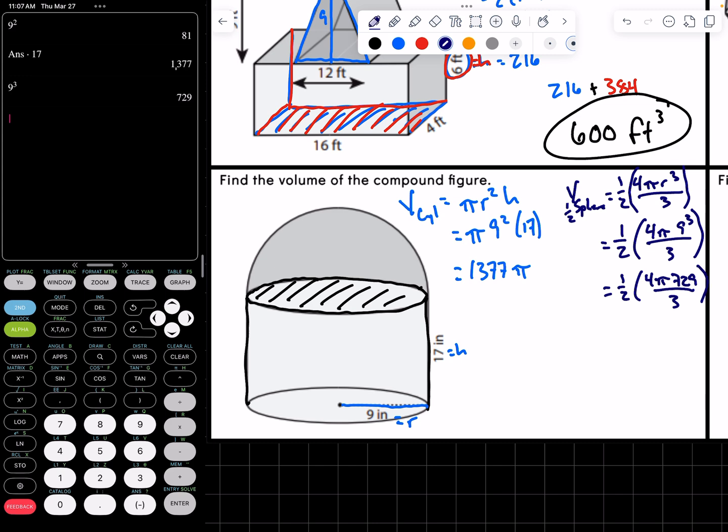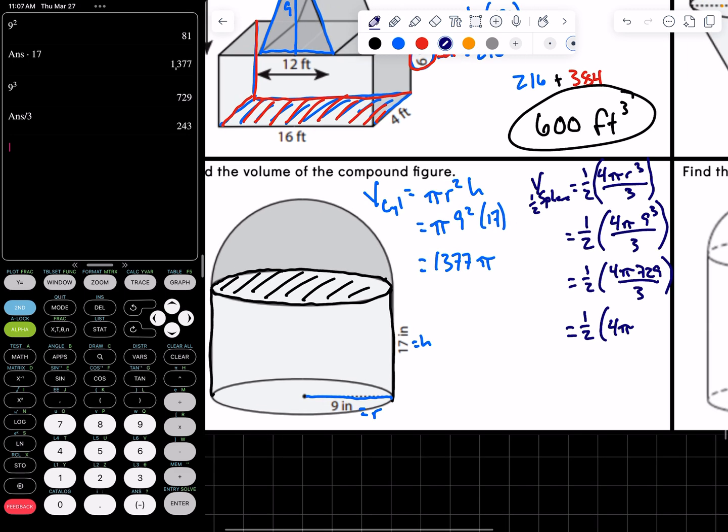And then I'm going to do some things to make this easier for myself. 729 is divisible by 3 because it is made up of some 9s, which we also know are divisible by 3. So 1/2 times 4 pi times 243. And I actually can make that a little bit bigger because I no longer have to divide by 3. I've already done that.